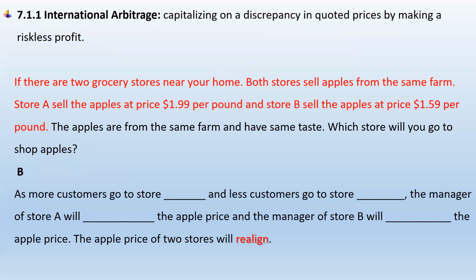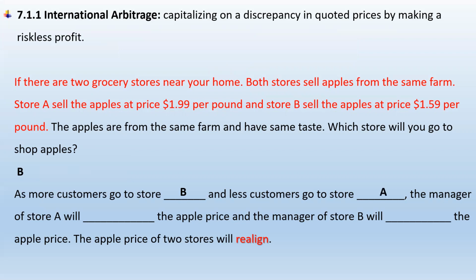As more customers go to store B, because we are all smart consumers, we go to the store with the cheaper price. If the store is very close to your home, you will just go to store B, and the last customer goes to store A.